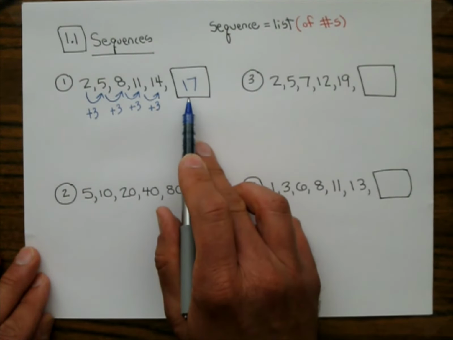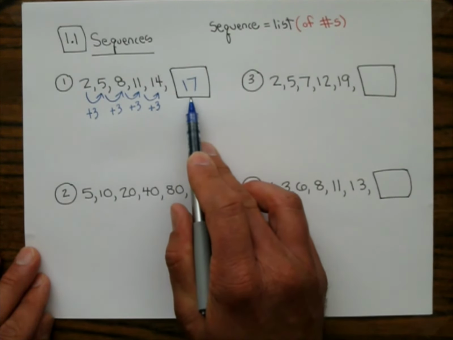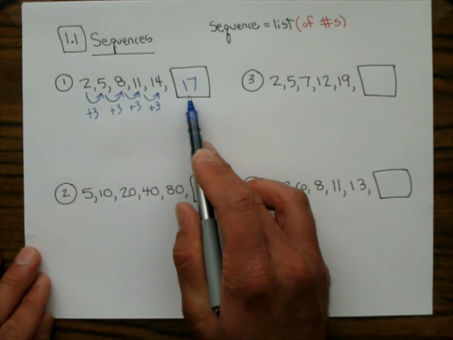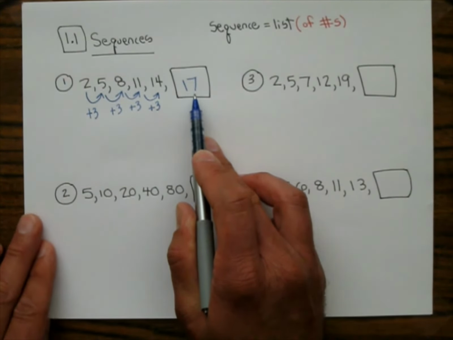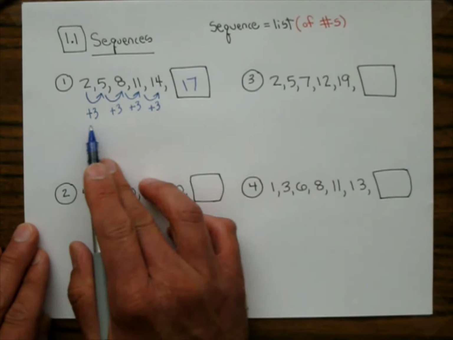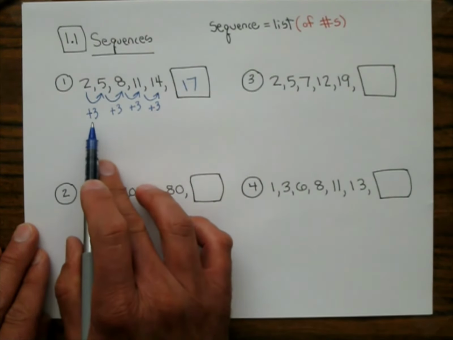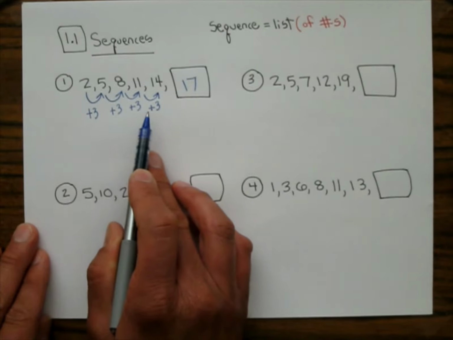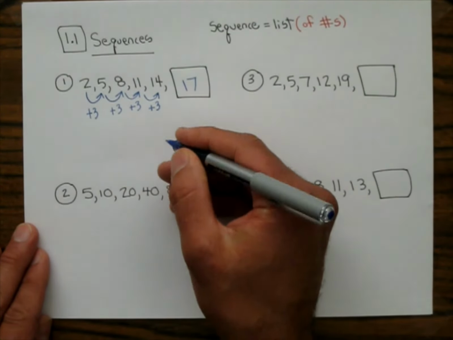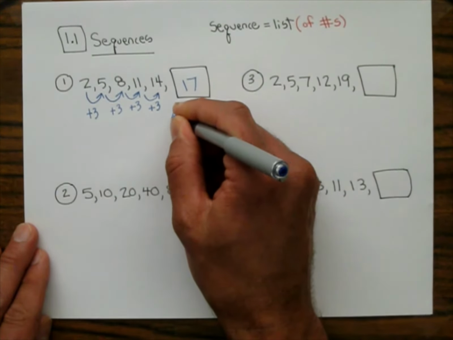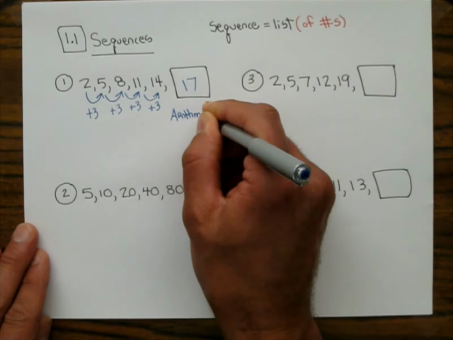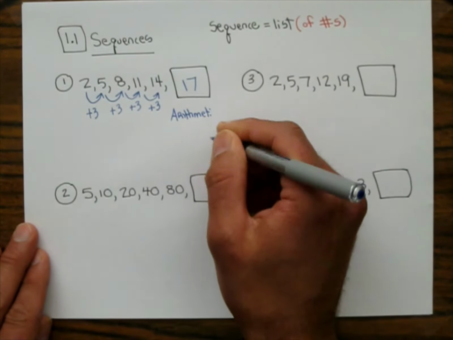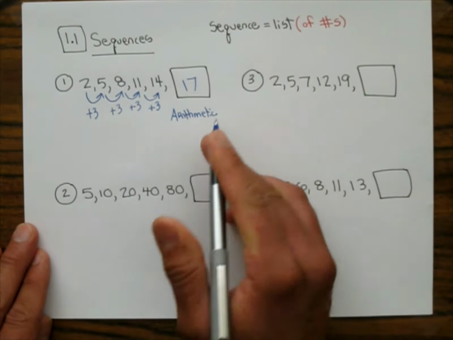Of course, sequences keep going on, so you could say the next one's going to be 20 and then 23, but you don't have to do that. One thing that we want to learn here is that this kind of sequence, where you're adding the same number each time, has a name, and it is called arithmetic. It looks like arithmetic the way it's written, but it's arithmetic.